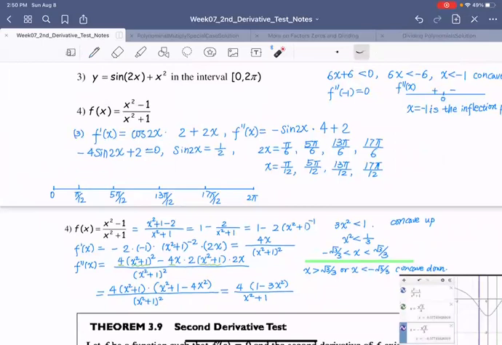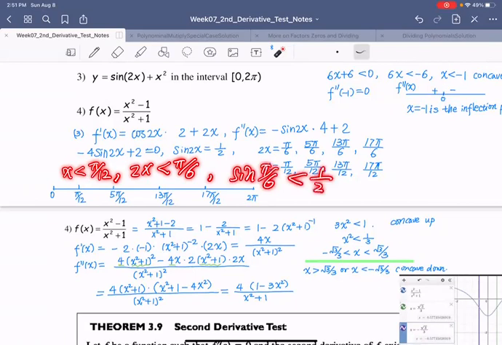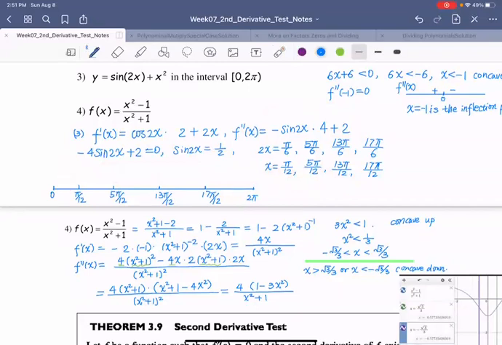If your x is less than pi over 12, then 2x will be less than pi over 6, correct? And then sine 2x will be less than 1/2. If this guy is less than 1/2, then the second derivative will be positive. Do you agree? So this is plus.